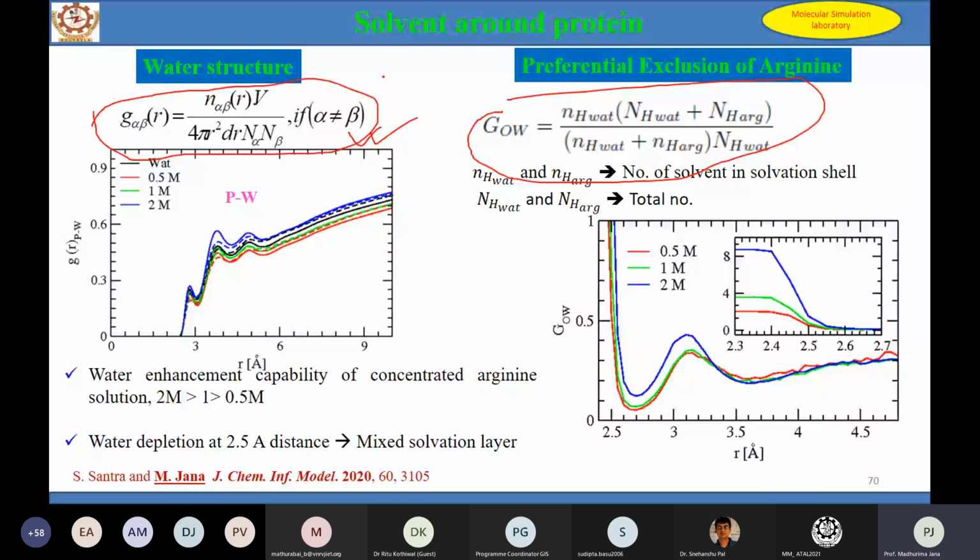Once you have the X-ray diffraction result, you can directly correlate it with your simulation-derived result. Then preferential exclusion, as I mentioned: the more the value, the more the attraction between that particular solvent and the protein molecule. So this can also tell about the stability of the protein.